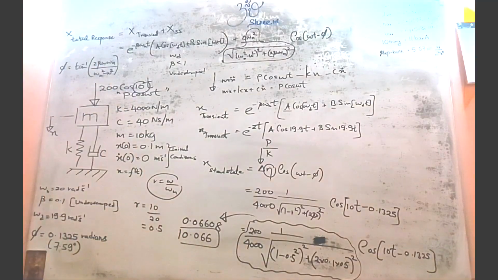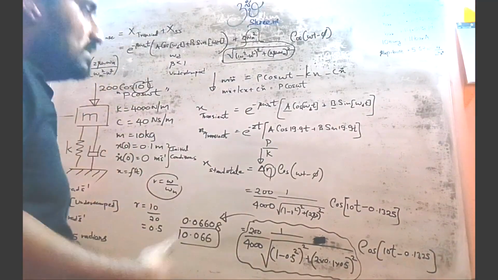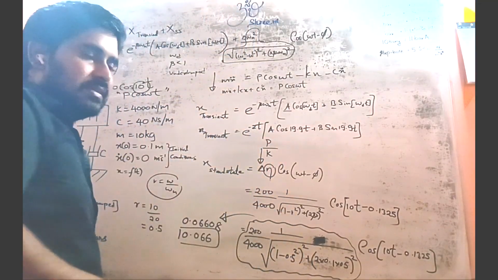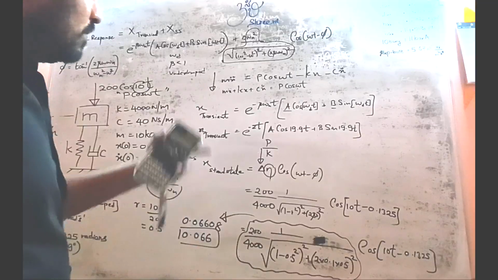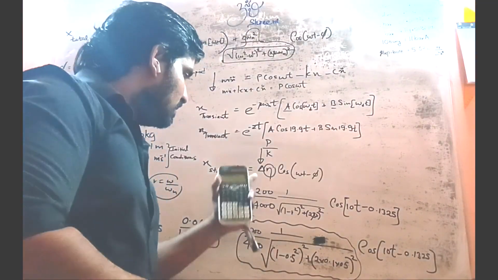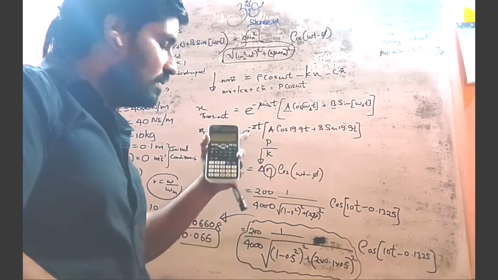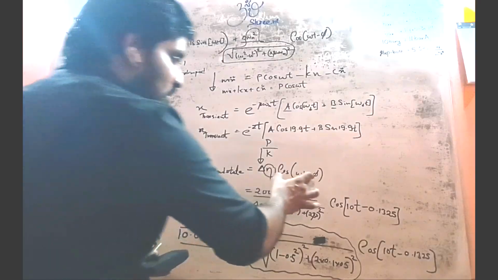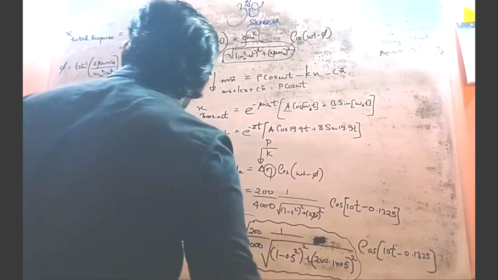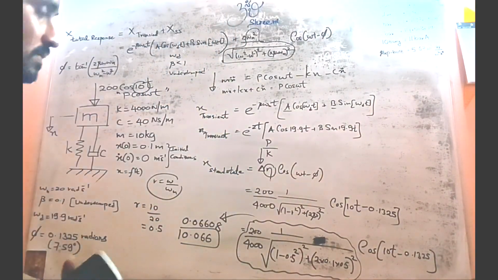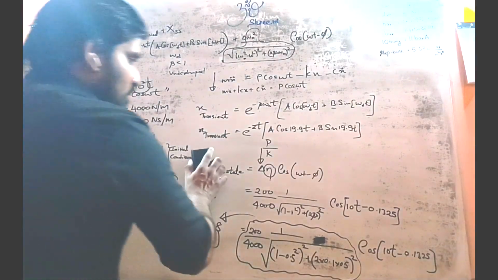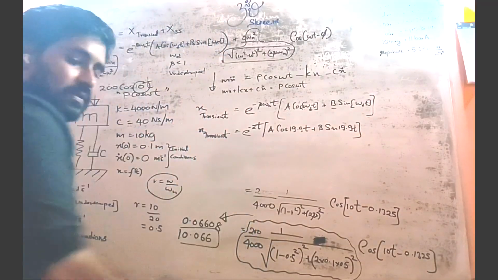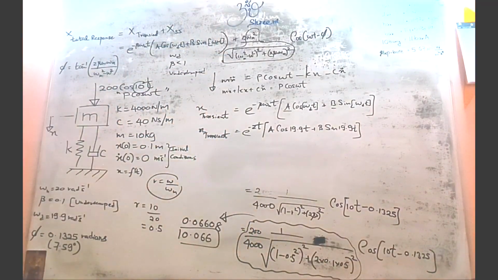Now I will further simplify the steady state response. We already know the steady state response, how we have defined the static deflection delta, how we have defined the dynamic magnification, and how we have considered this part based on the excitation force. So I'll erase this. What is the simplified version of the steady state response now?